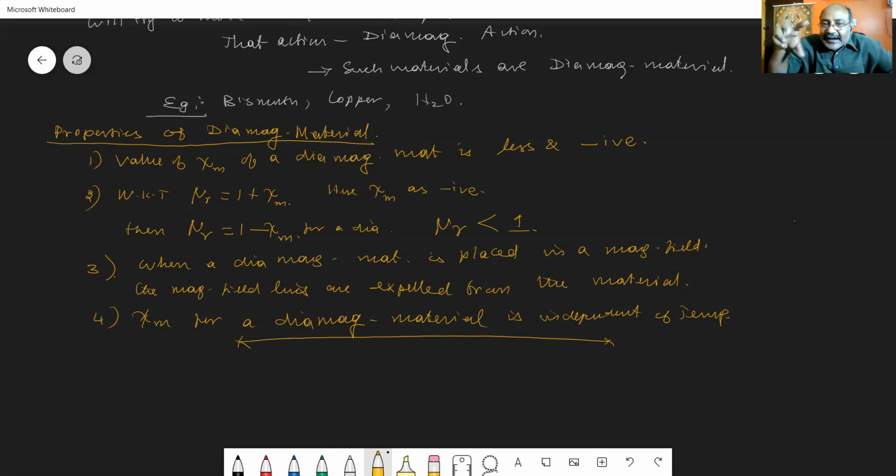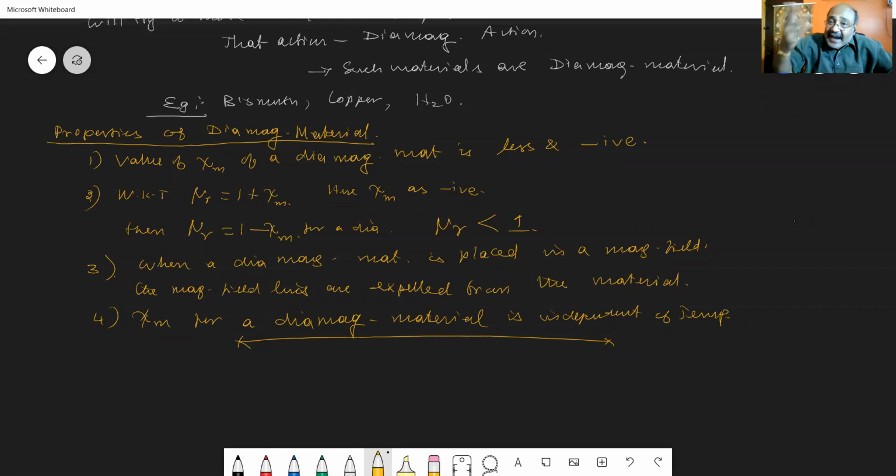Now, when a diamagnetic material is placed in a magnetic field, it moves from stronger to weaker. That is, the magnetic flux lines or field lines available inside the diamagnetic material are expelled from that material. And finally, the susceptibility of a diamagnetic material is independent of temperature, usually taken in Kelvin scale.